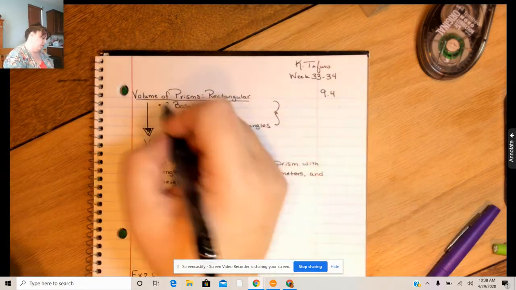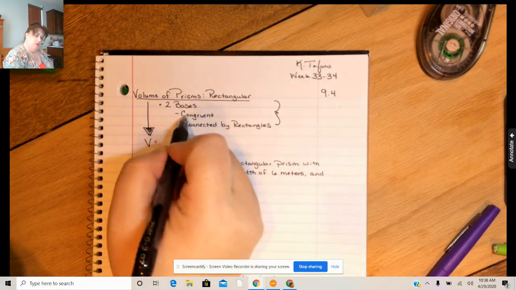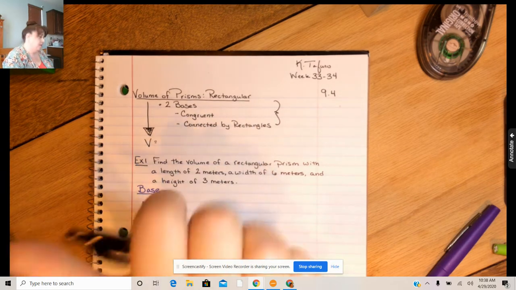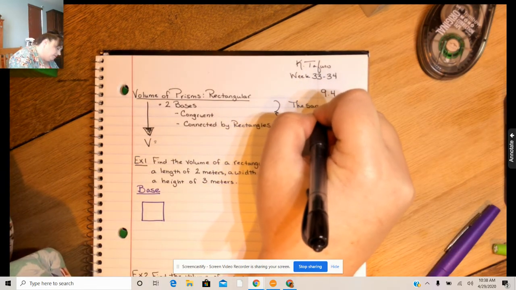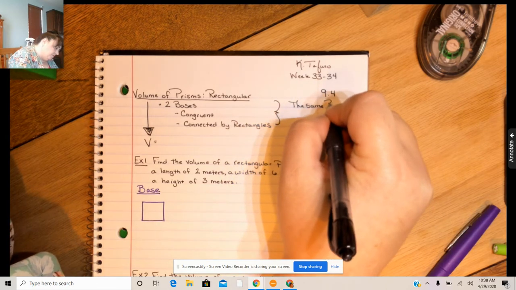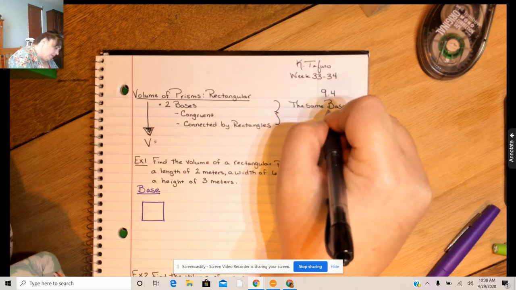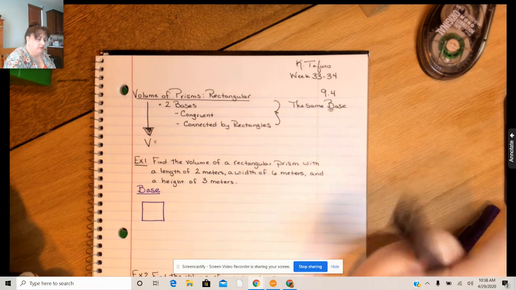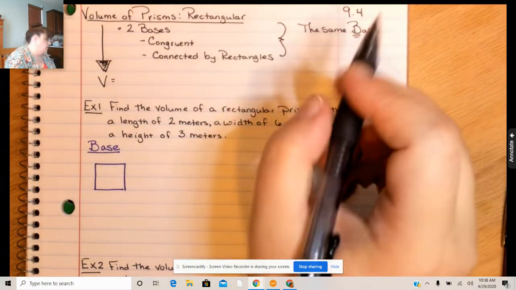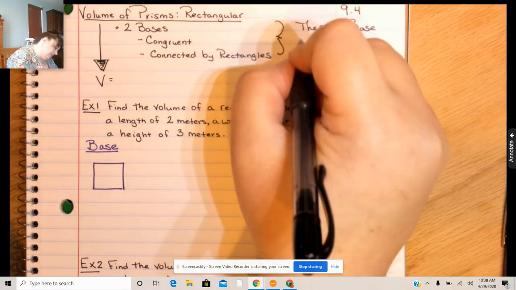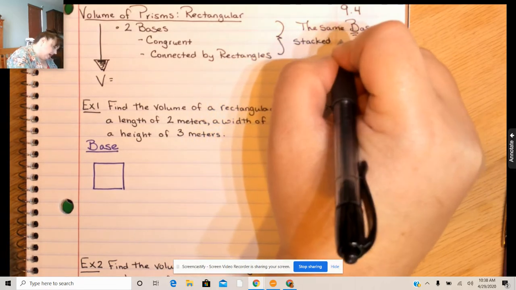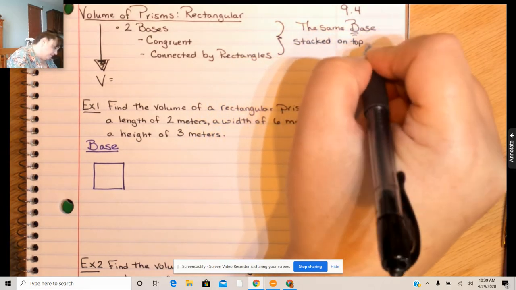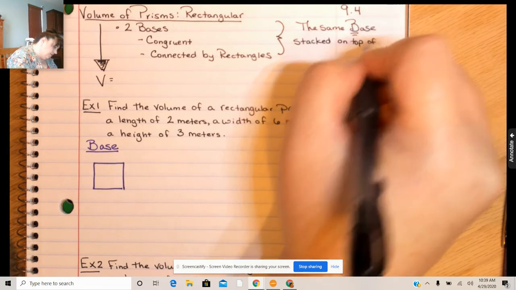Remember that a prism has 2 bases, they're congruent, they're connected by rectangles, and it's the same base. When we talk about base, we're going to use capital B every single time. So it's the same base stacked on top of itself.